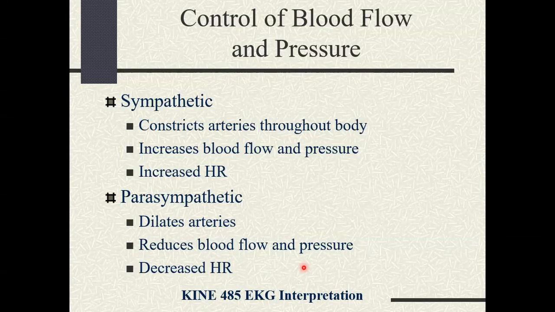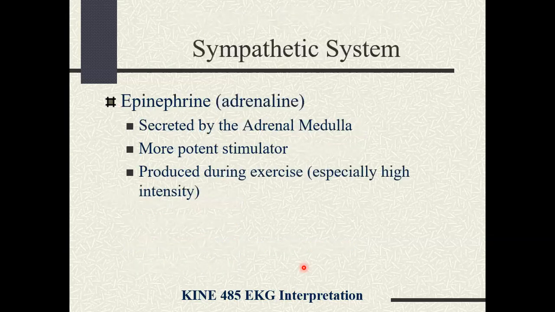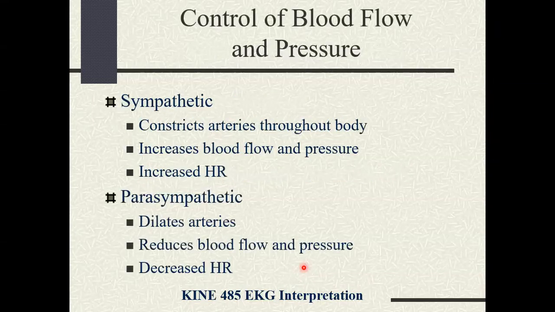What'll happen is we're going to get some constriction to increase blood pressure, which is ultimately going to increase blood flow. And the reason this is important is, well, during times of exercise, we need to get more blood to the muscle at a lot faster pace. We're going to be using things like our neurotransmitters such as adrenaline, epinephrine to ensure that heart rate goes up, okay, and we're able to get more blood to that working muscle.